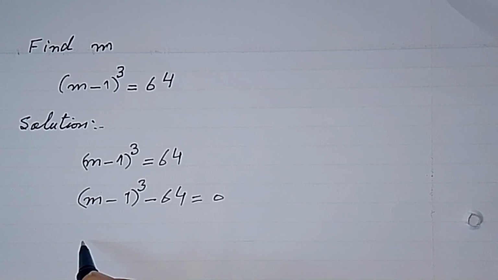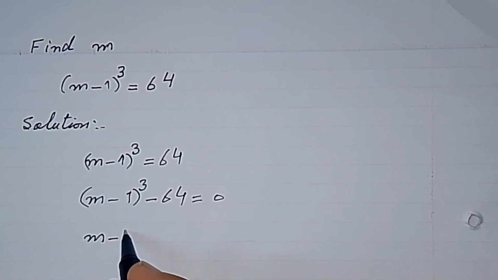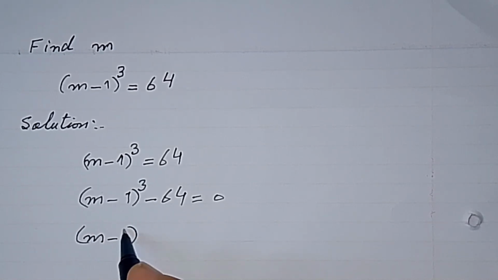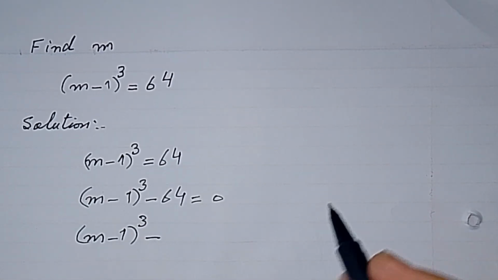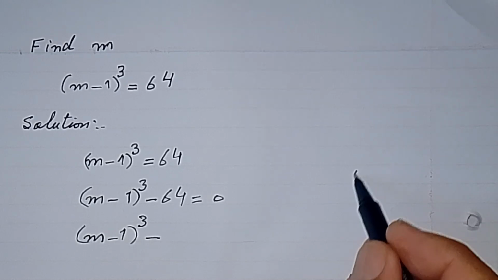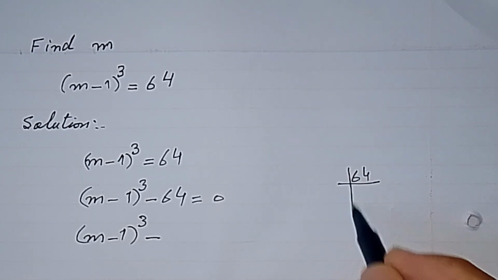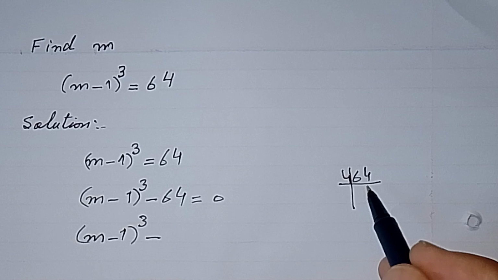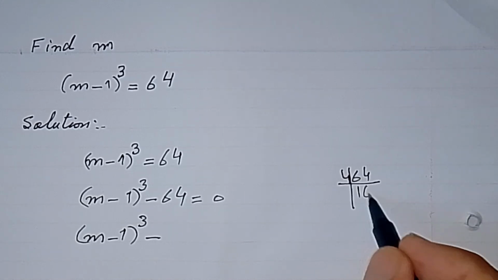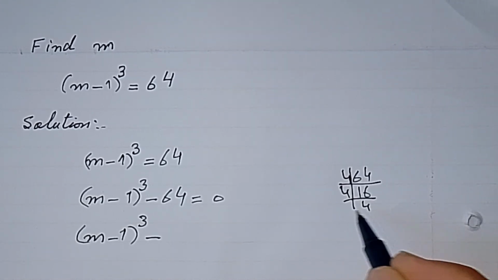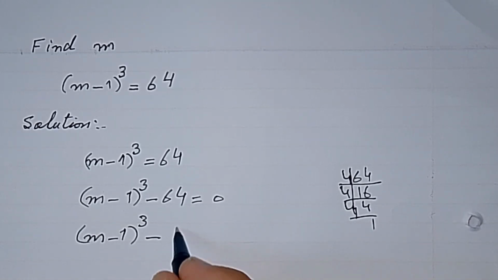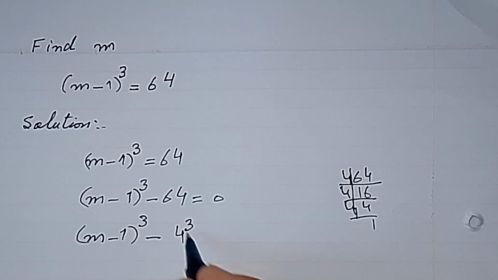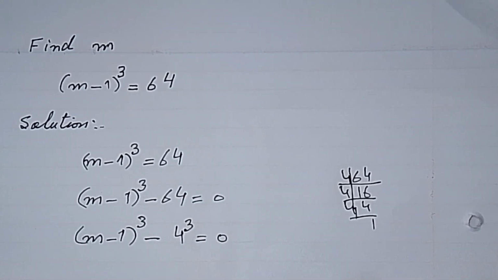Now we factorize 64. First we divide it by 4: 16, 4, 4, 4, 1, so 64 is 4 cube. So (m minus 1) cube minus 4 cube is equal to 0.